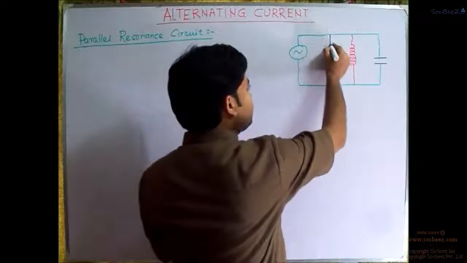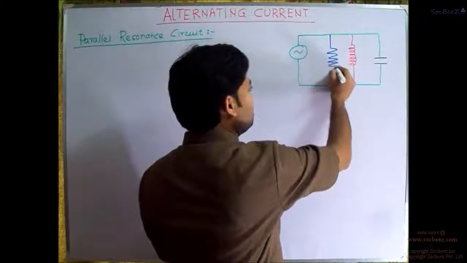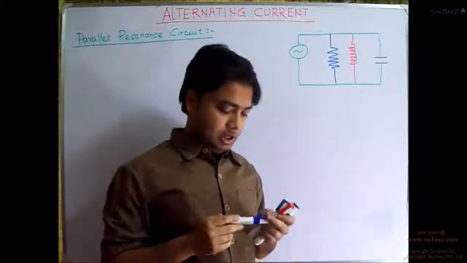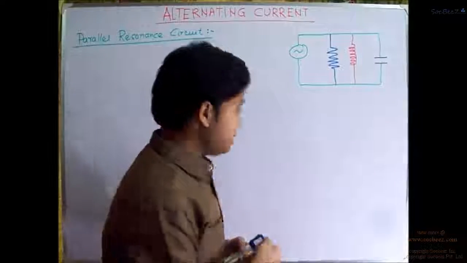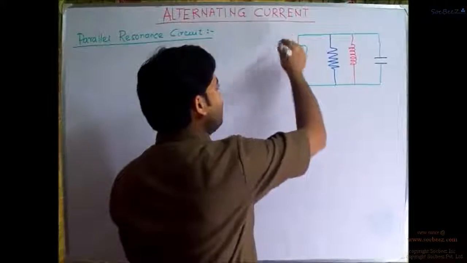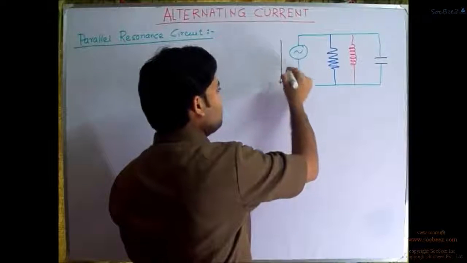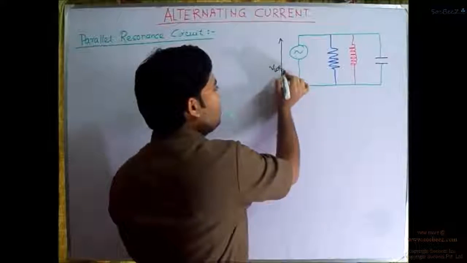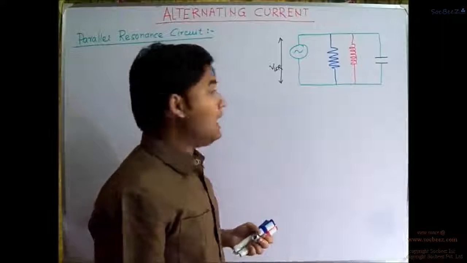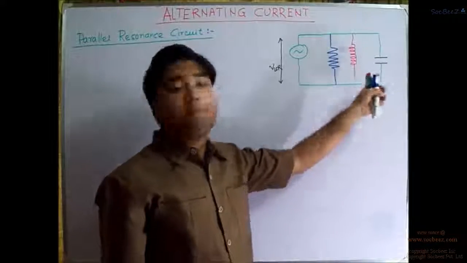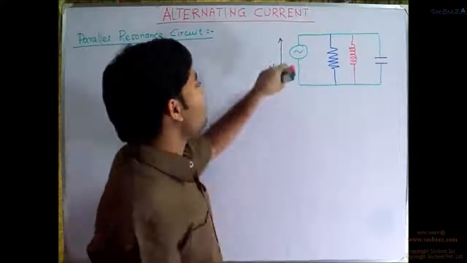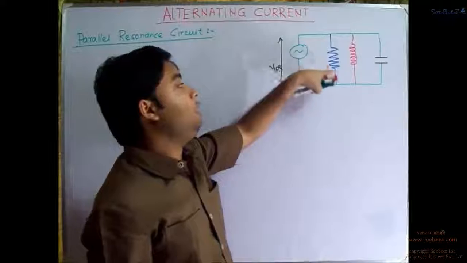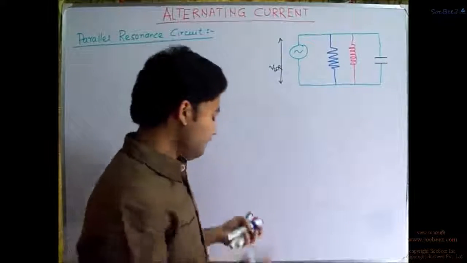So here we can see that a resistor, an inductor and a capacitor are all connected in parallel to this circuit, where we can say that this is, for example, the potential drop V for this particular LCR circuit. And as we know, if these are in parallel combination, then this potential drop of V will be applied and be seen in all the 3 scenarios, right?